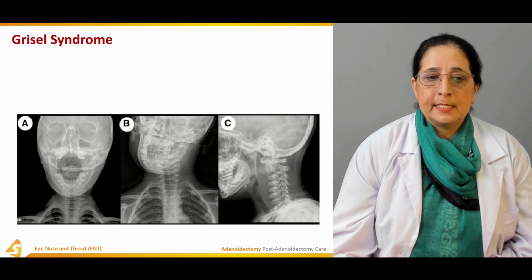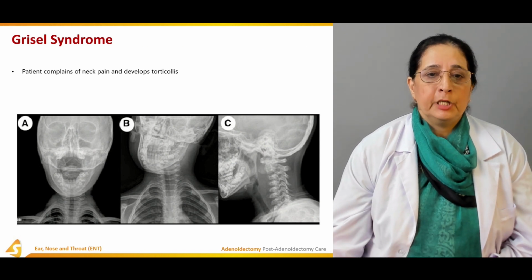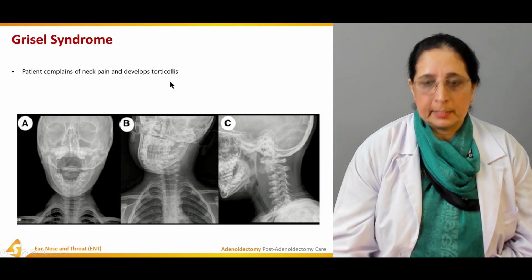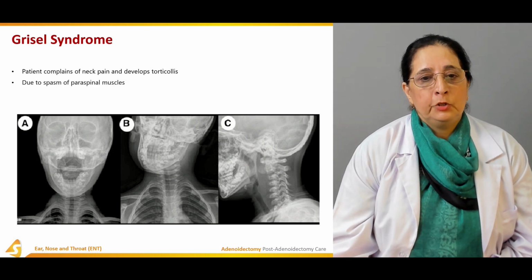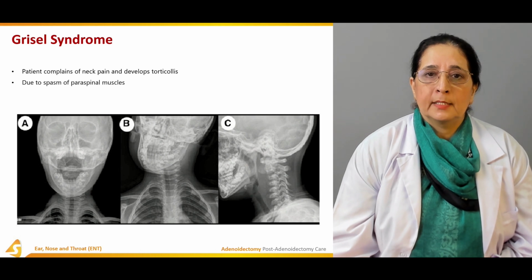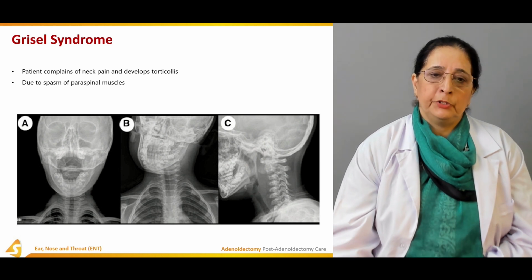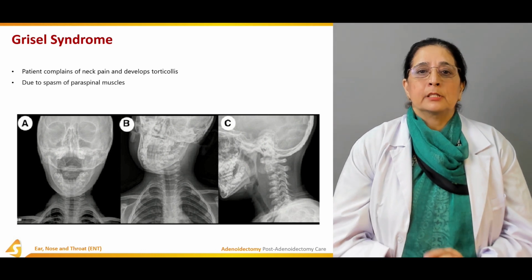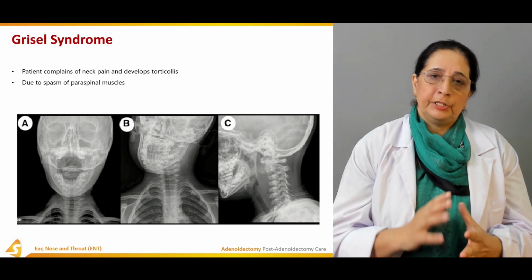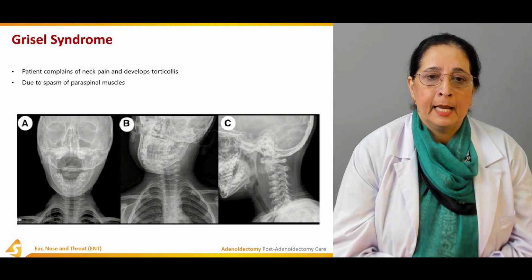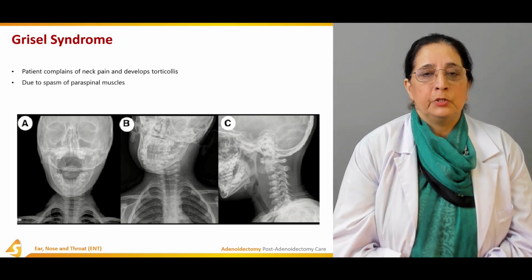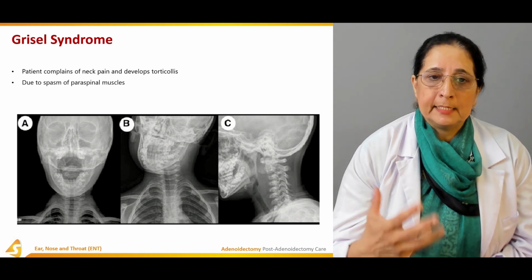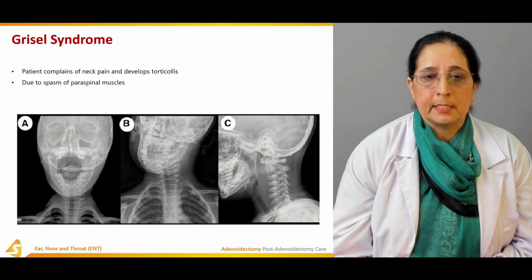Then we have Grisel syndrome. The patient complains of neck pain and develops torticollis due to spasm of the paraspinal muscles, usually following extension. This is known as Grisel syndrome.